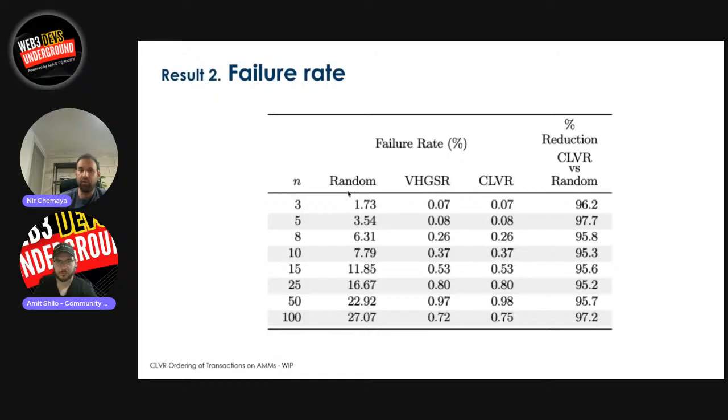You can see that with random ordering, the more transactions you have, the crazier the failure rate. For example, with 10 transactions, 8% of the transactions are going to fail because of slippage issues. While with an ordering rule like Clever or even GSR, you can reduce it to almost zero, less than 1%.